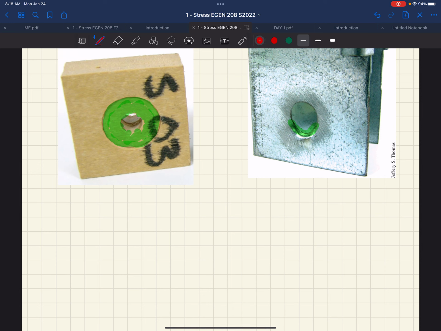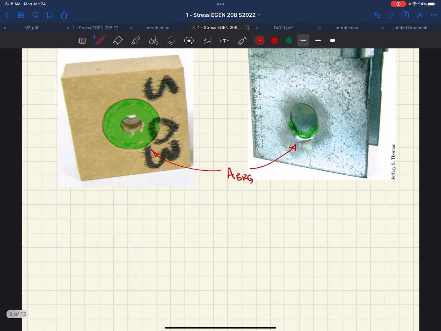So these are our bearing area, where this is just our contact area of our washer. In principle, it's a normal stress. Can't stress that enough, the fact that it's the area that's perpendicular to the applied force. That's how you would get your bearing area.